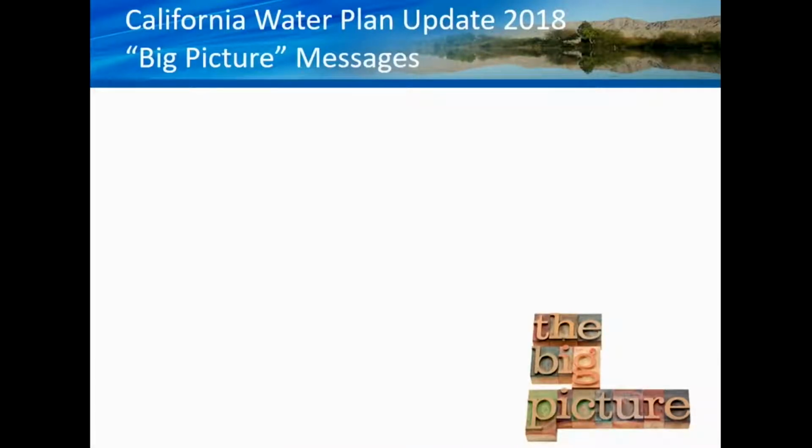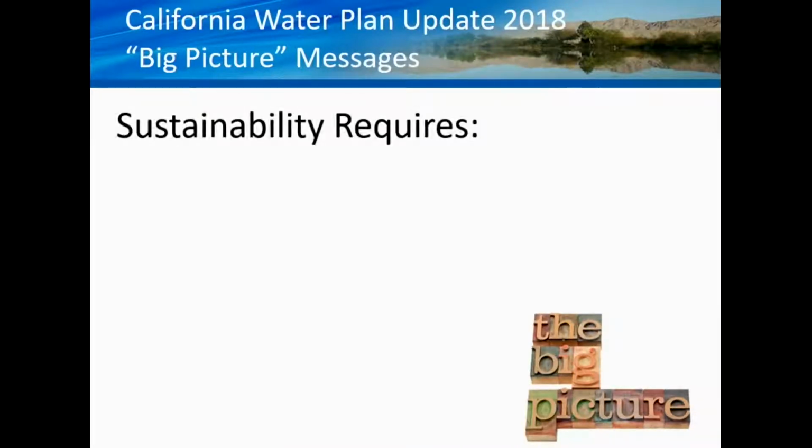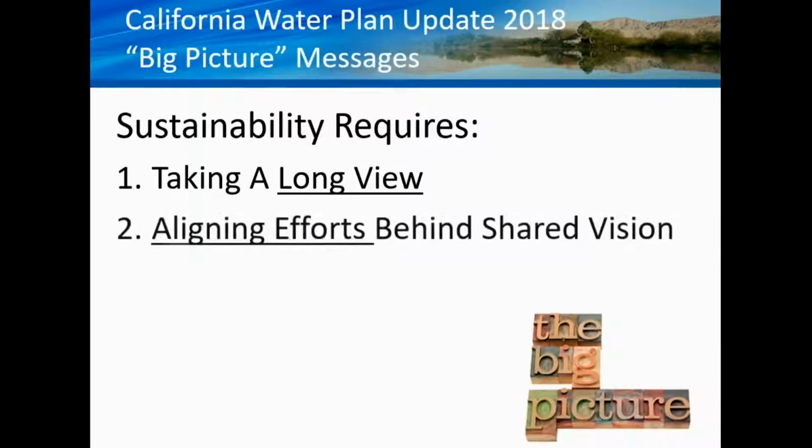Now, some of the big picture messages that we have in Update 2018 is that we have to take a long view to really reach that sustainability point. We have to align efforts behind a shared vision, and we'll get into that a little bit more.